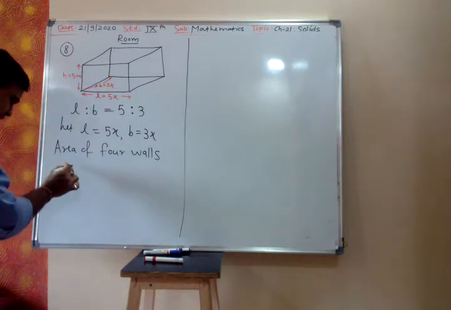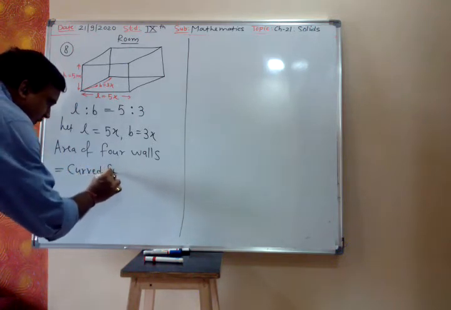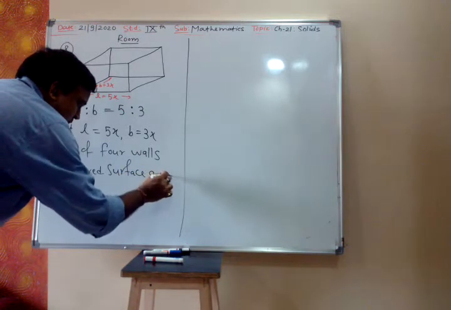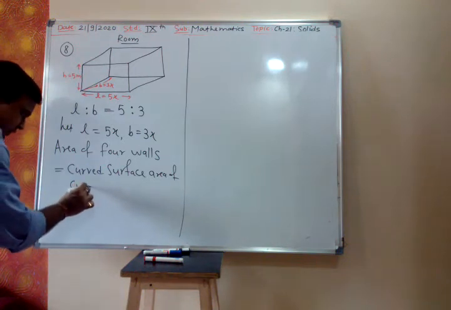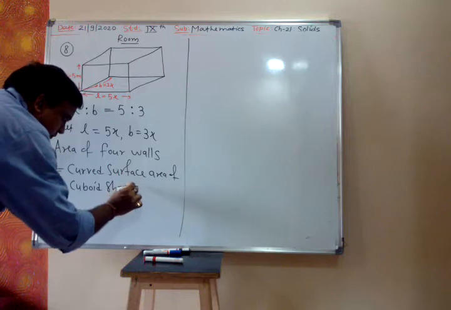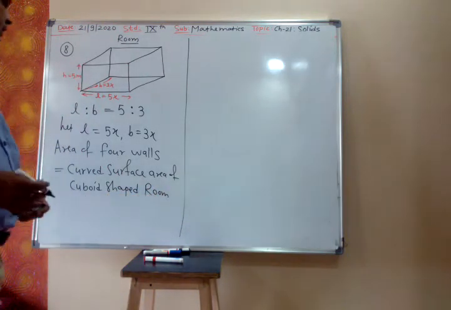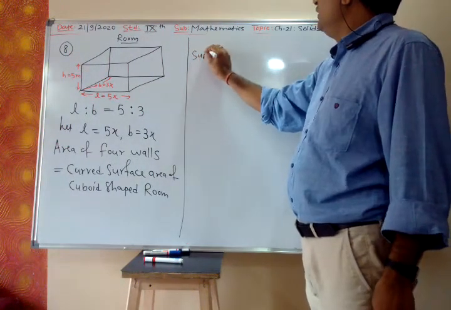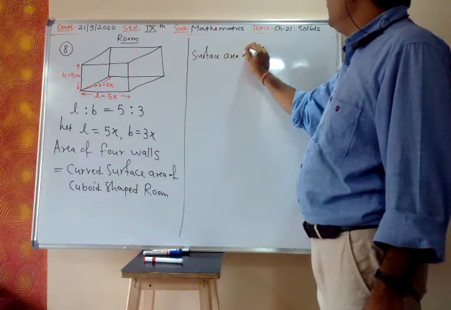Curved surface area. Area of 4 walls is nothing but curved surface area of cuboid shaped room. So area of 4 walls, we write surface area of 4 walls.